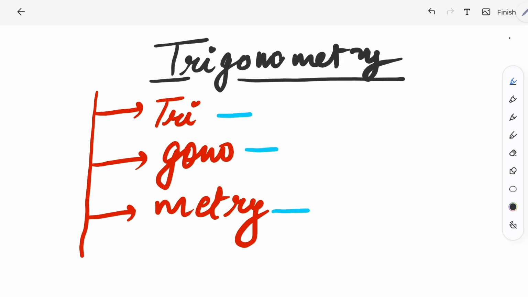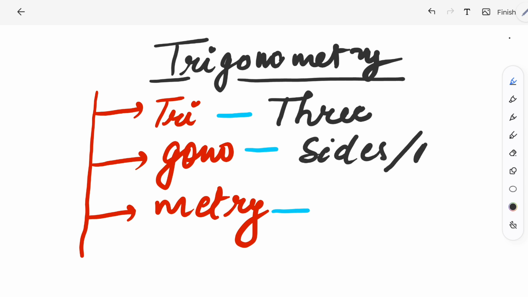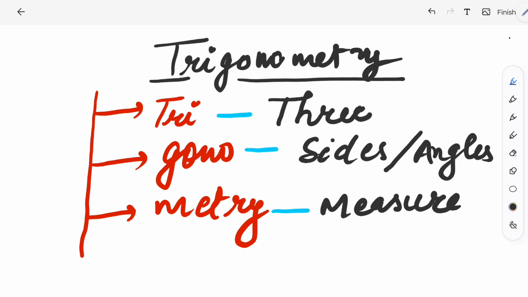Tree means three. Gono means sides, or you can say angles. And the third one, metry, means measurement.